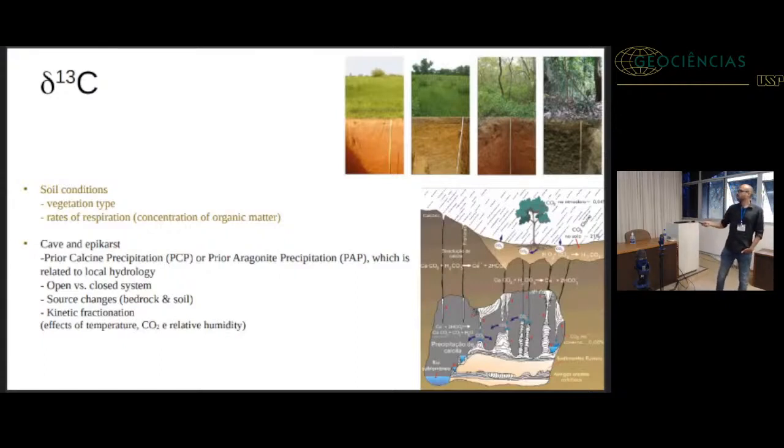We can have an open-closed system like Max explained yesterday. You can have different sources, different soils, you can have your limestone with a different isotopic composition of δ13C. Then you have kinetic fractionation that happens during the precipitation of your stalagmite. Everything here will be affecting the δ13C values in the stalagmites at the end.